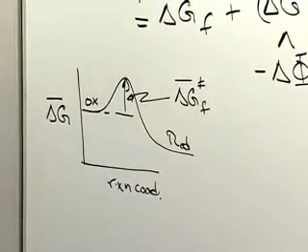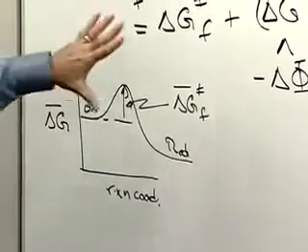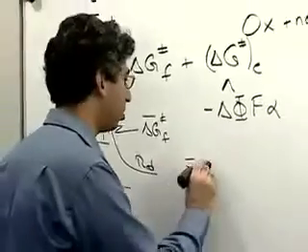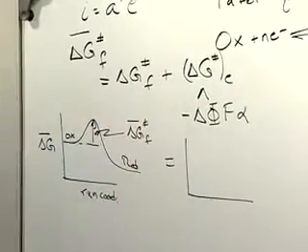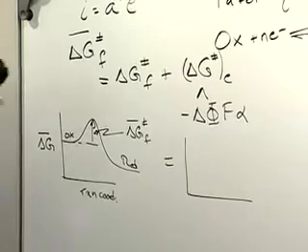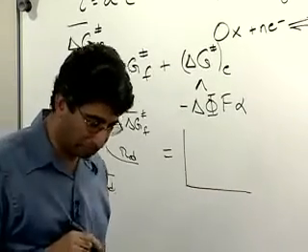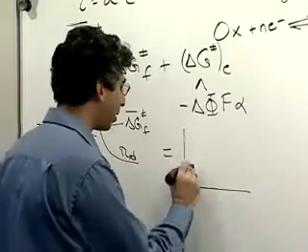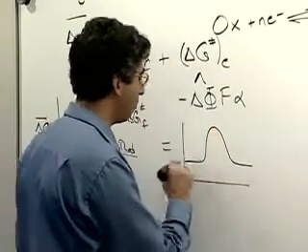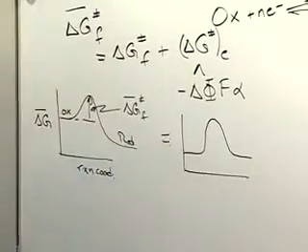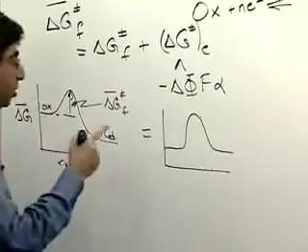Okay. And what I'm suggesting is you could break that down then into two components. One that is the normal delta G double dagger that you would have for a reaction. And that particular reaction in this case may not even have a negative delta G associated with it.